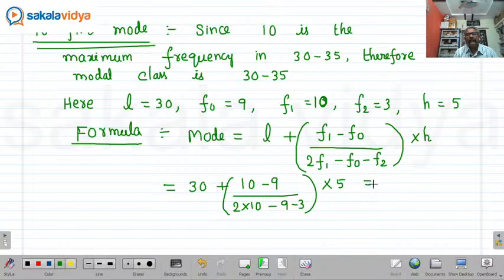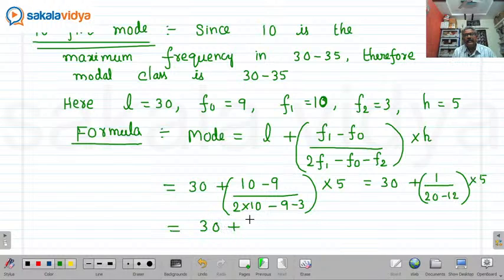You need to simplify. 30 plus 1 upon 20 minus 12, multiplied with 5. 10 minus 9 is 1. So this equals 30 plus 5 upon 20 minus 12 is 8, 5 by 8.